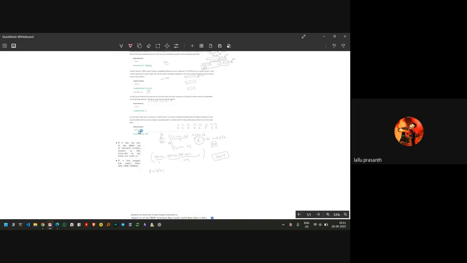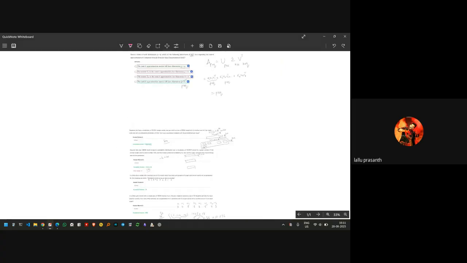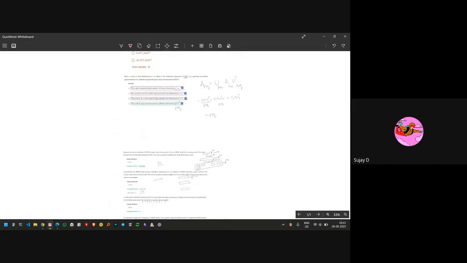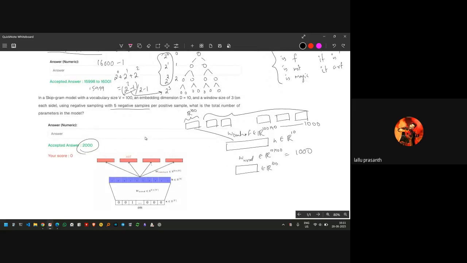Somewhere we didn't multiply in the numerator. See this question. In the skipgram model with vocabulary size v equal to 100 and embedding dimension d equal to 10, and a window size of 3 on each side, using negative sampling with 5 negative samples per positive sample, what is the total number of parameters in the model? So the input will be 100 cross 1.